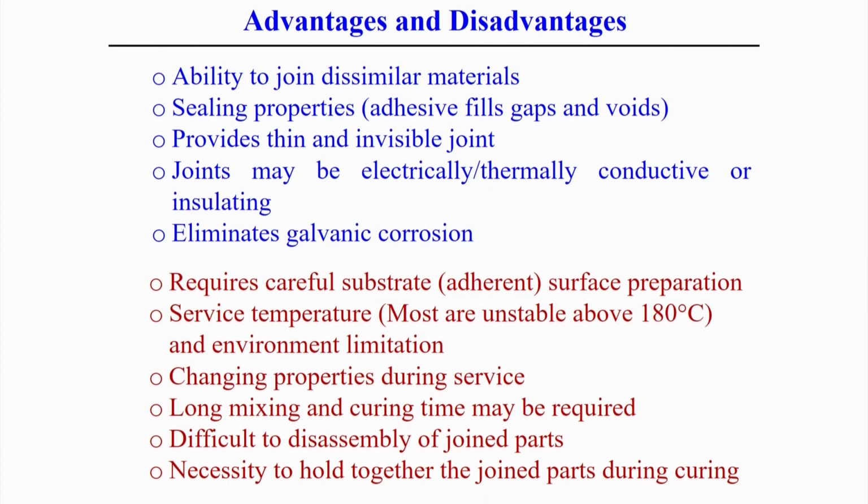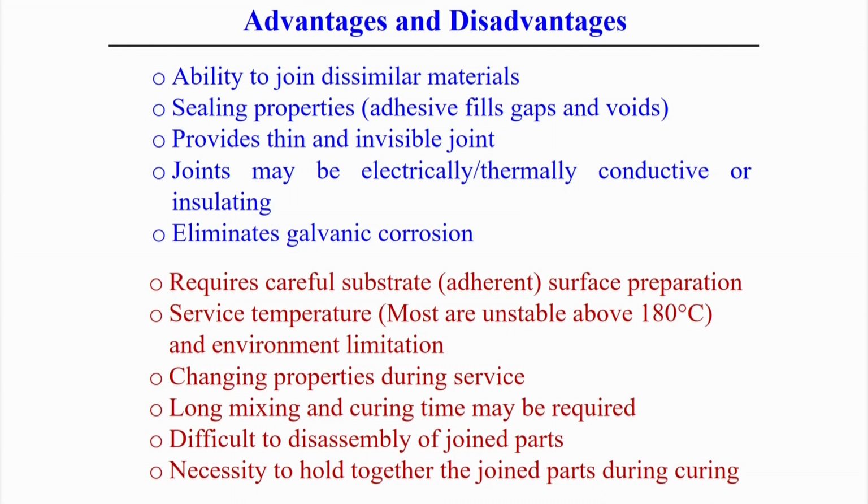So, these adhesives are used for the joining of components, but in general, if you look at the overall advantages and limitations of the adhesive joint, you can summarize like this. The ability to join dissimilar materials is one advantage of adhesive bonding, which is similar to other processes like brazing and soldering.